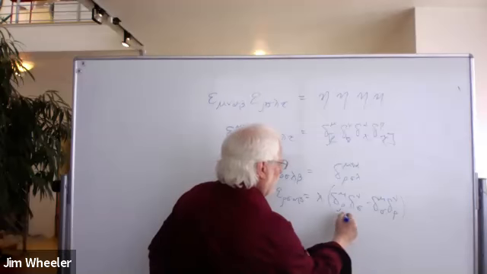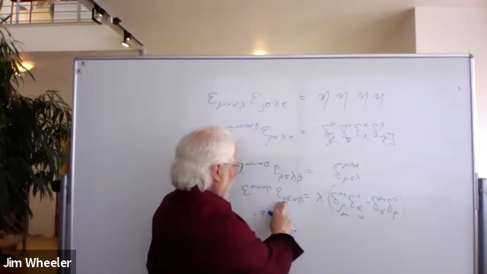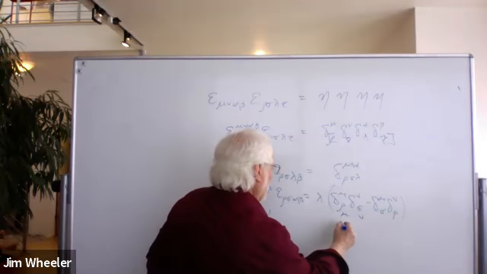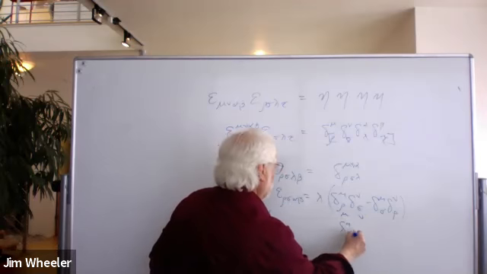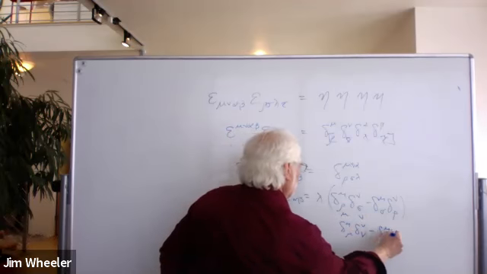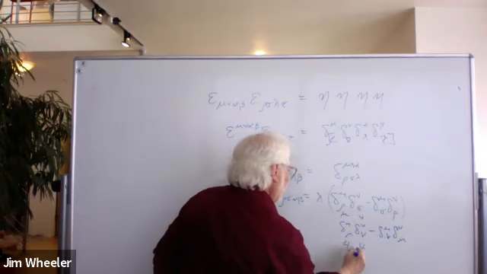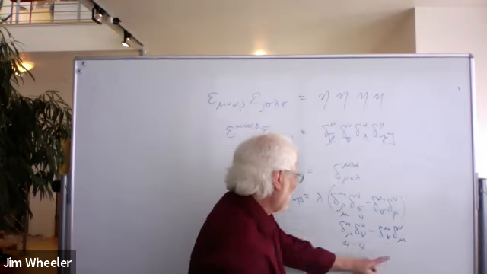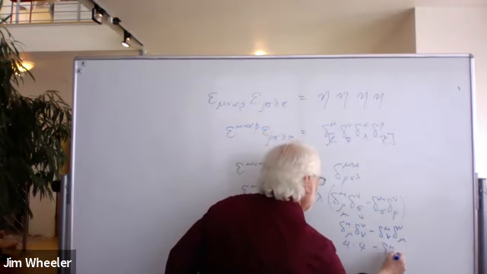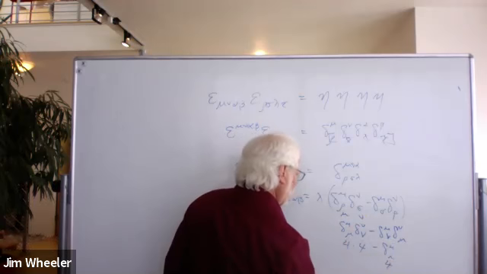Here, if I set rho equal to mu and sigma equal to nu, like I did over here, I get δ^μ_μ δ^ν_ν minus δ^μ_ν δ^ν_μ. Each of these is 4. This is a Kronecker delta μ μ if I just use one to replace the index on the other, so that's 4.